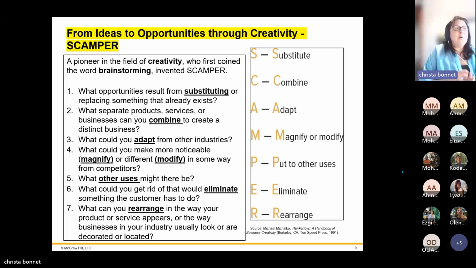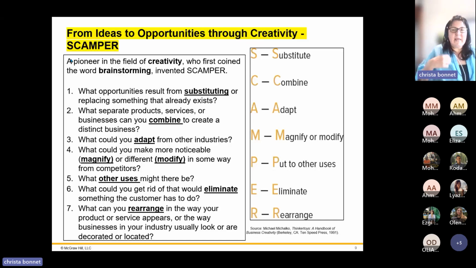Okay. So on the right, I've put it in a little block for you. There you can see the S stands for substitute, which is number 1 on the block on the left: what opportunities result from substituting or replacing something that already exists.